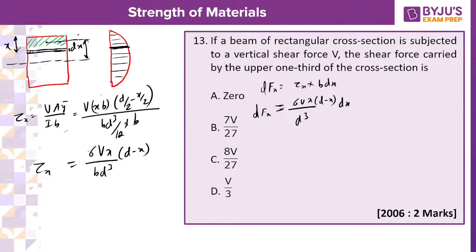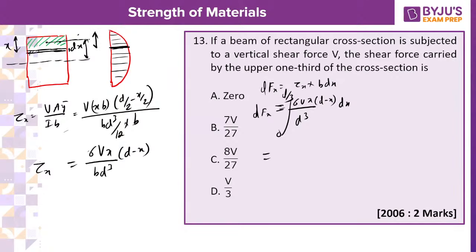Now if you are interested in the total force created by the top 1/3 area, integrate it from 0 to d by 3. Top 1/3 area, how much force they are creating, integrate from 0 to d by 3.